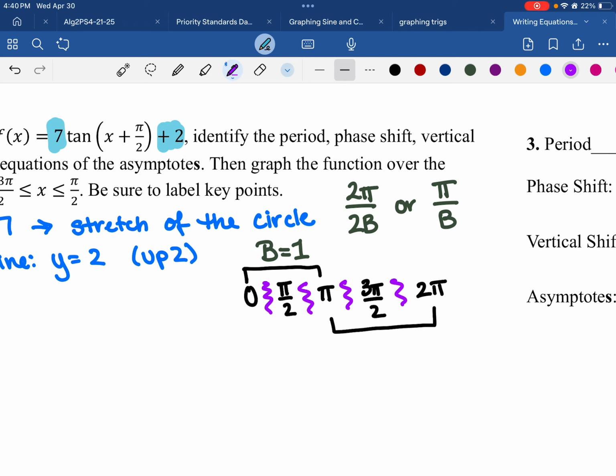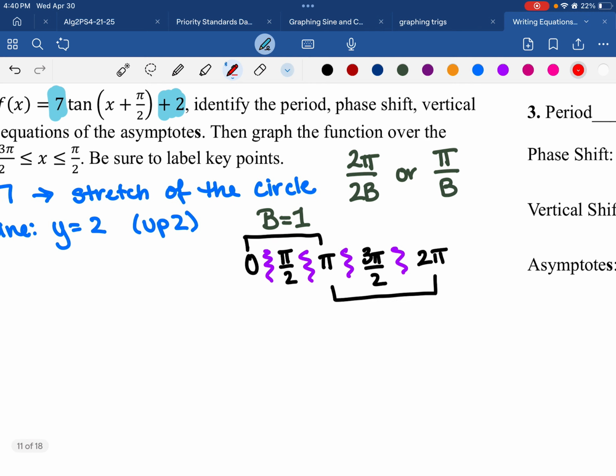So with this, I am not going to change those numbers. I am going to write underneath them really quick. I don't know if I'll use a red. I don't want to use red, but we'll use red. The value at these spots would be 0, asymptote, 0, asymptote, and 0.